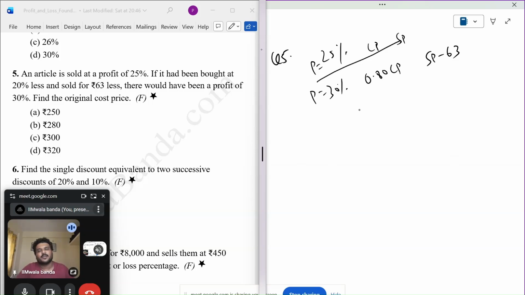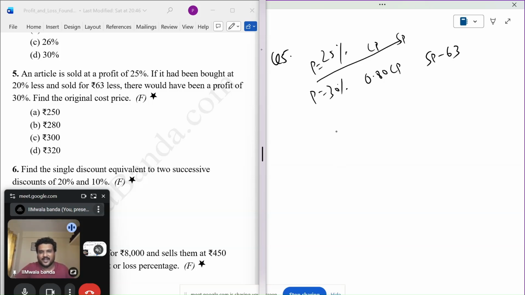See, from here you can see that basically this is also something where we will write a lot. If you're increasing the cost price by 25%, that is the same as gaining a profit of 25% on cost price.